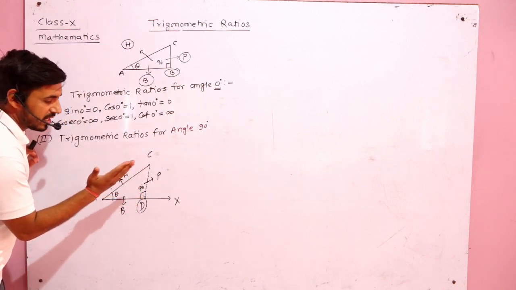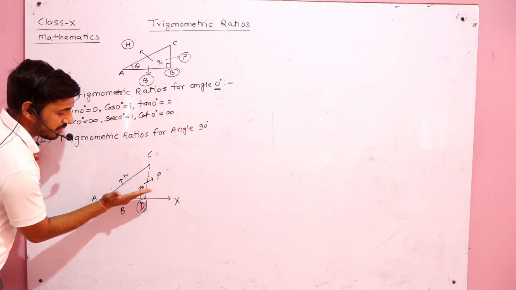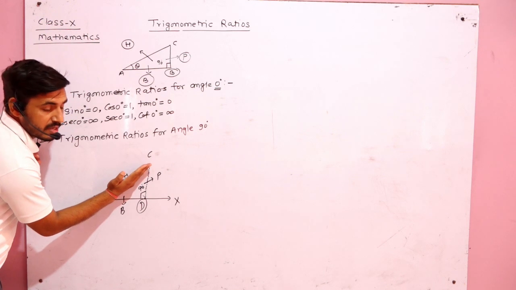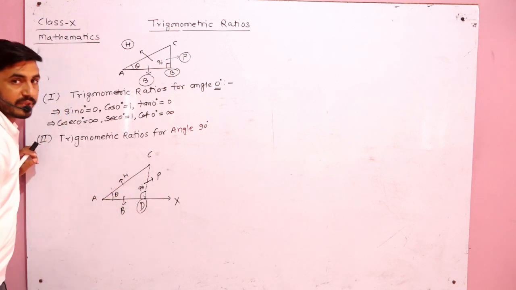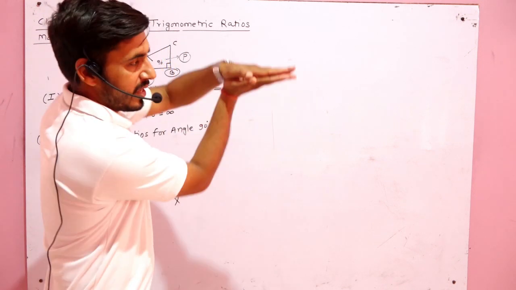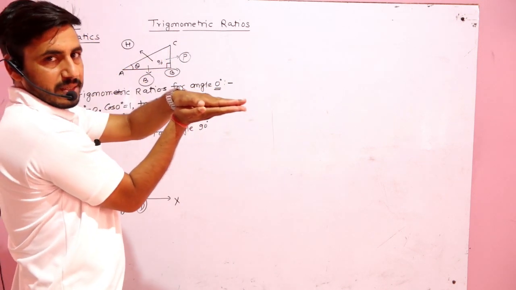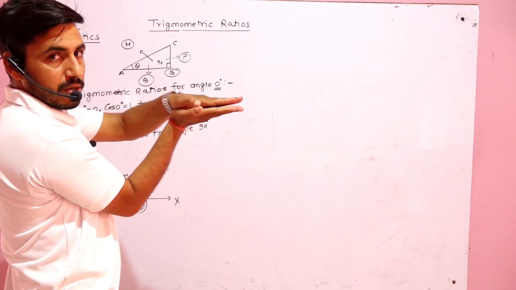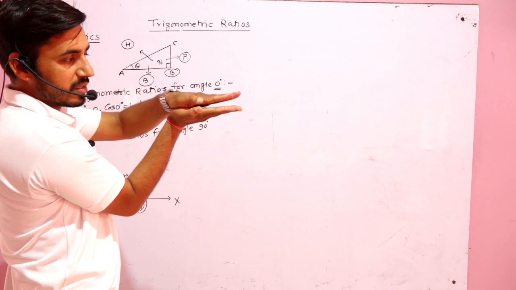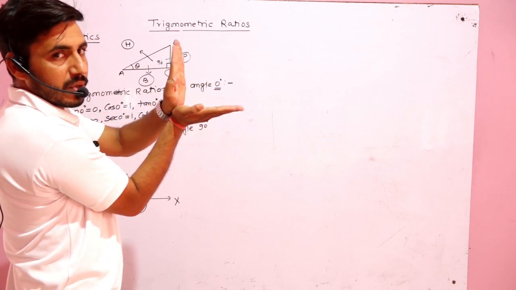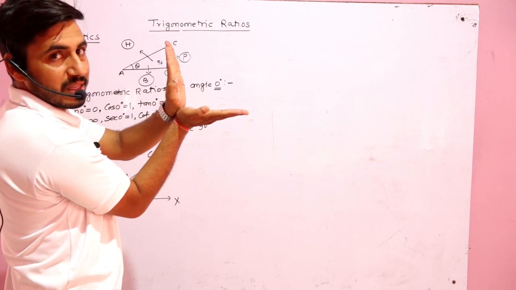First see here, in this condition first this line is coincident on this line, it means both the lines are coincident. If I am taking this situation and if I am moving this line towards 90 degree perpendicular, then the condition will be obtained like this.